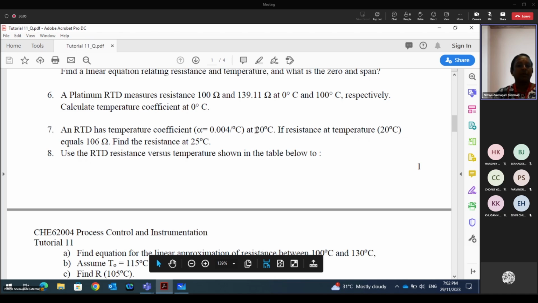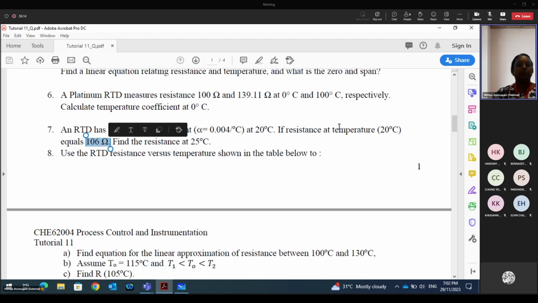First we need to find the resistance at 20 degrees Celsius, and then using the input and output values provided, we can calculate the resistance at 25 degrees Celsius. Similar method, similar equation, because we are talking about RTD, resistance temperature detector. So I'll skip this question. You can try it yourself.